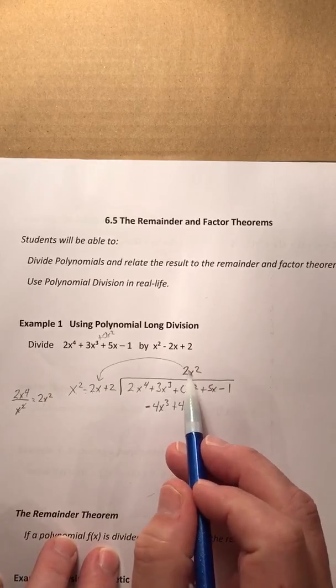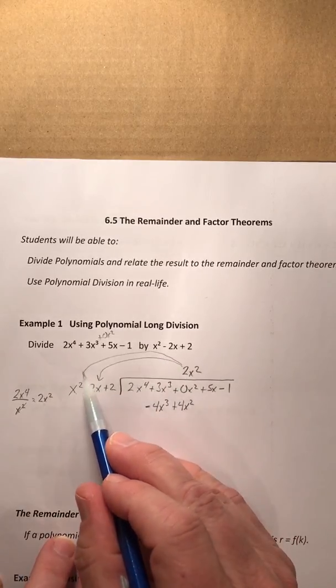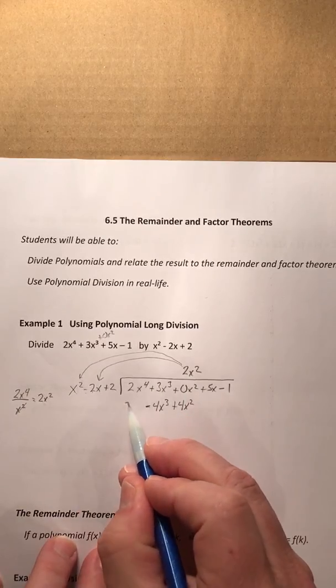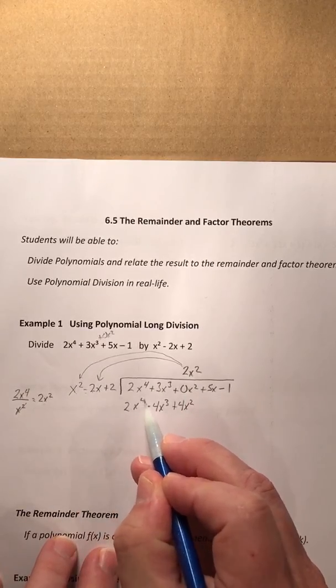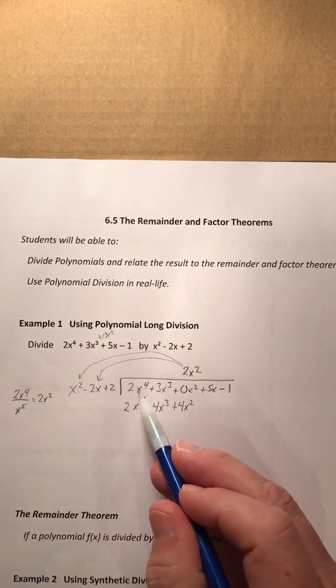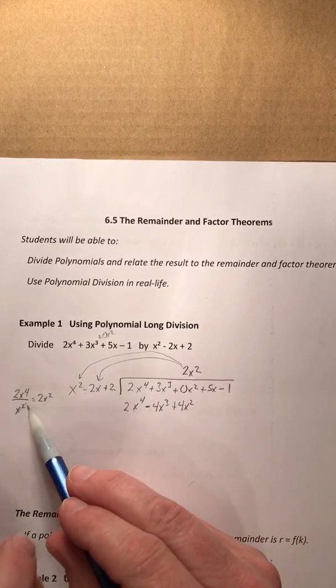Then we multiply 2x squared by the front term: 2x squared times x squared gives us 2x to the fourth. That first term should always be the same as the one above it. That's why we did this division out here first.